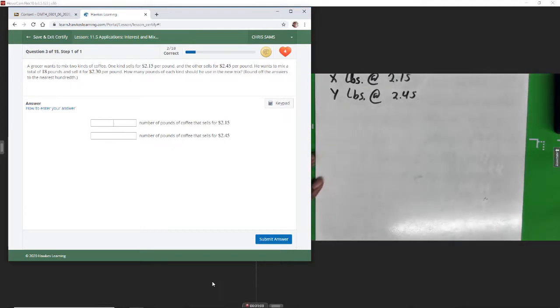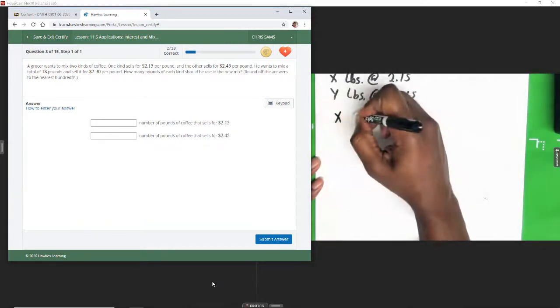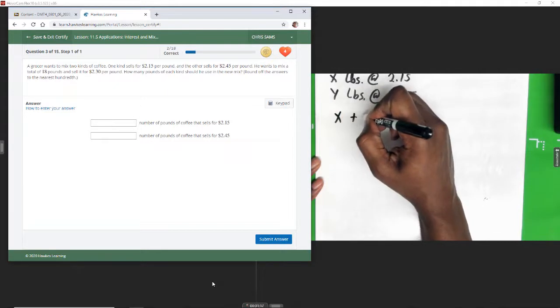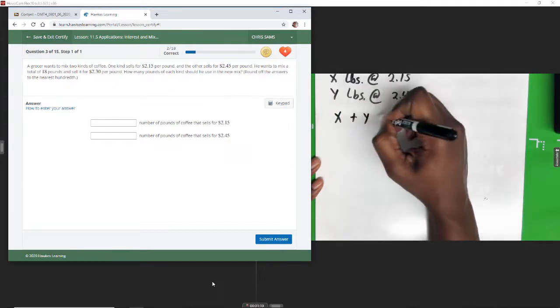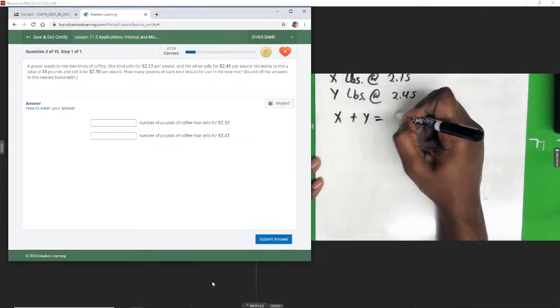All right, so we know we have a total of 18. It says he wants to mix a total of 18. So I know X plus Y equals the 18 pounds.